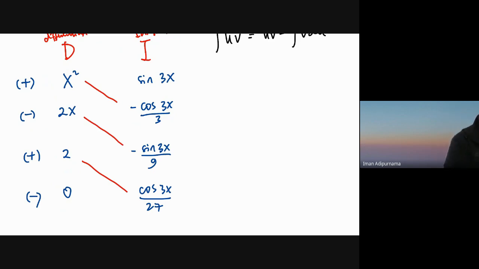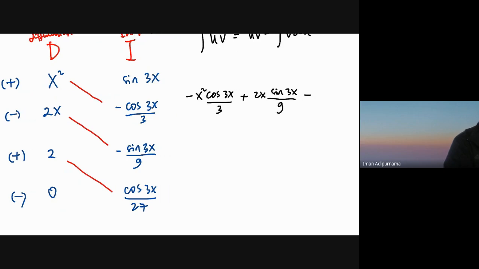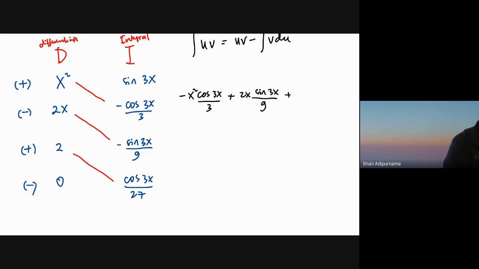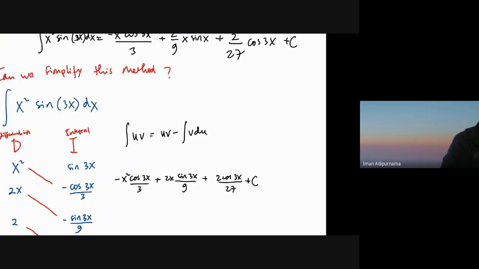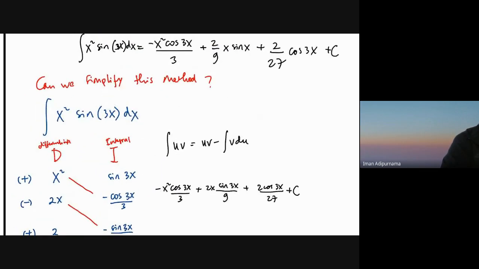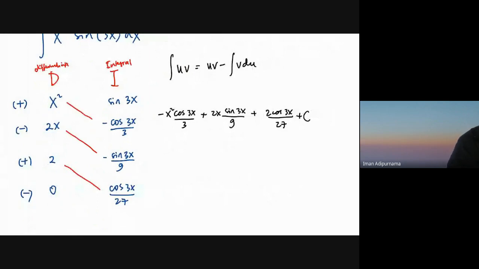So we can write this as negative x squared cos 3x over 3 plus 2x sine 3x over 9 plus 2 cos 3x over 27 plus c. Is it the same? The same, right? Okay. So that's how you can simplify your integration by parts.